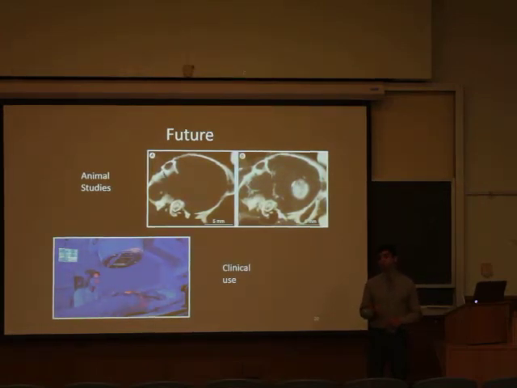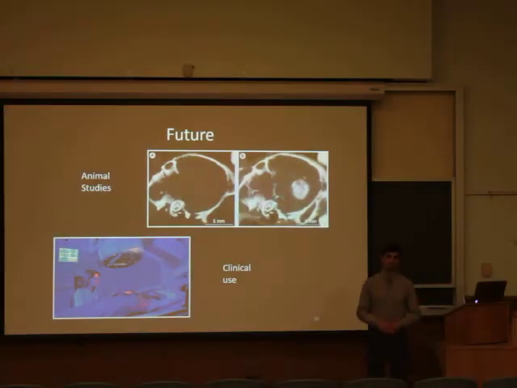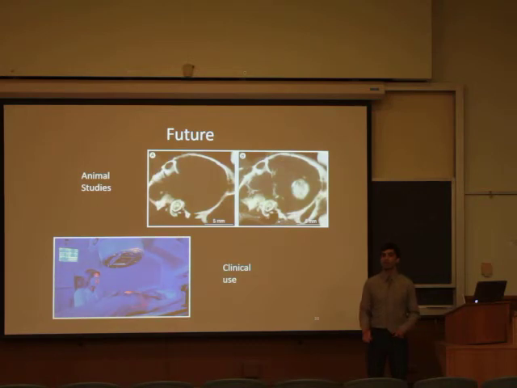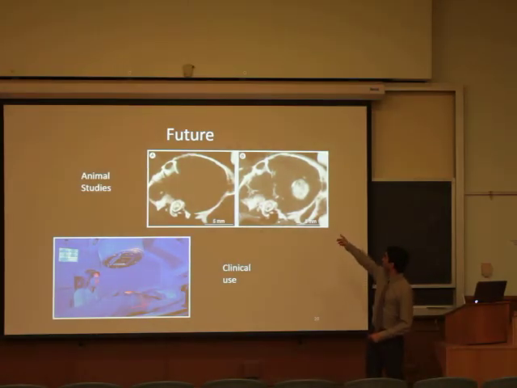But the problem is that the gold deposits in other places as well. Places such as the kidney, the liver, and in this case, you can see there are some other spots in the mouse's head that have gold. And this is the main problem. This is what scientists need to solve before it can move to clinical trials.